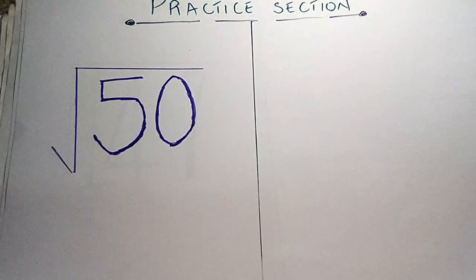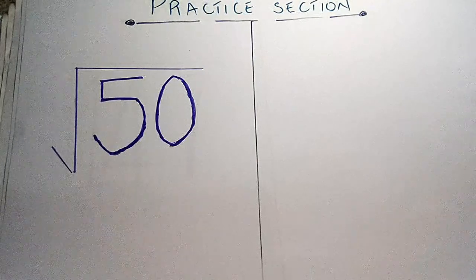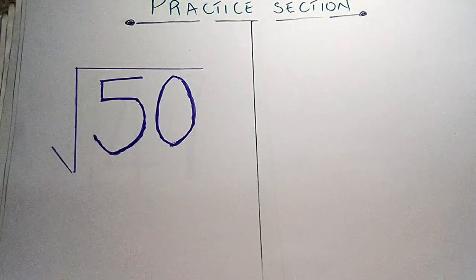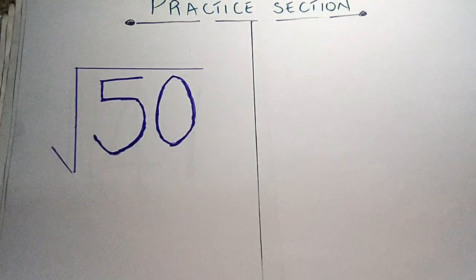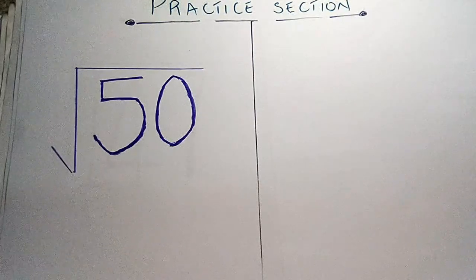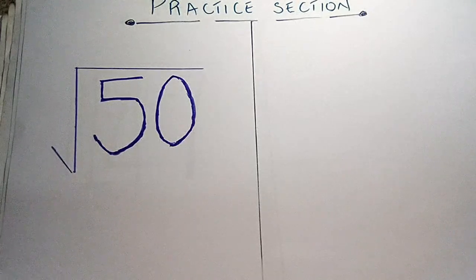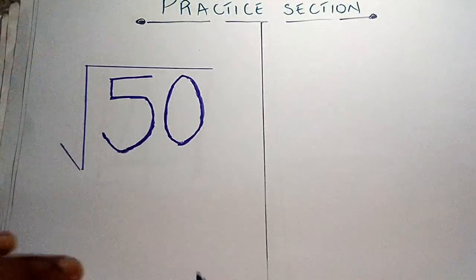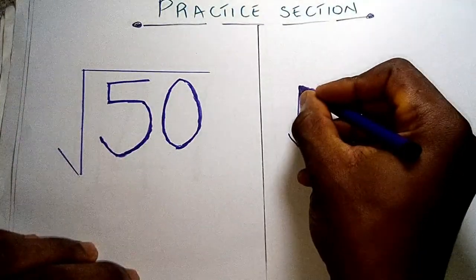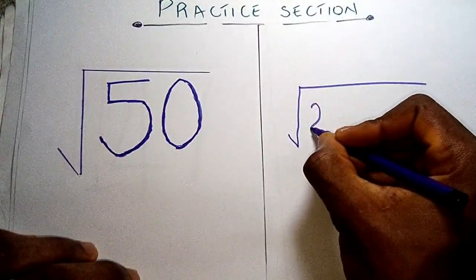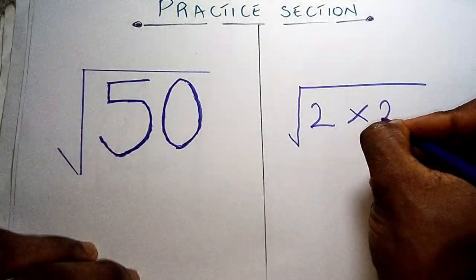In this one you have root 50. Now think of a square number you can multiply with another number to give you 50. You have 5 times 10, which none of them is a square number. You have 2 times 25. Now that will work very perfectly, because 25 is a square number. So we have 2 times 25.